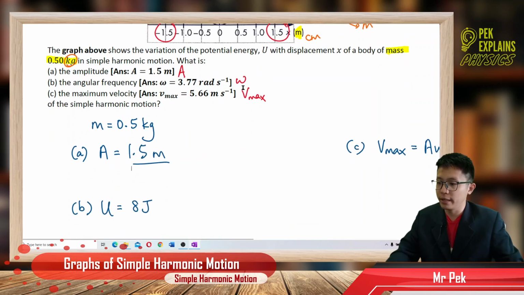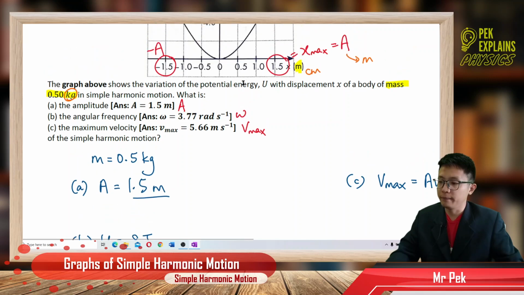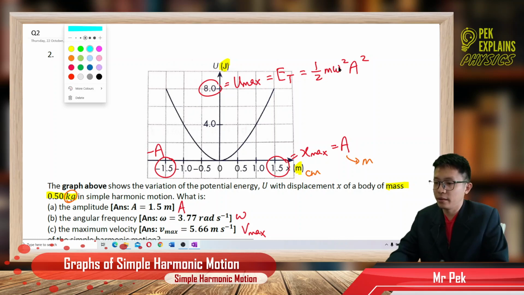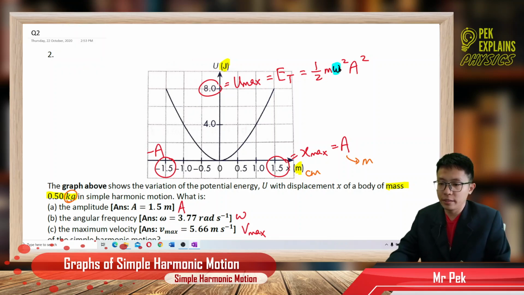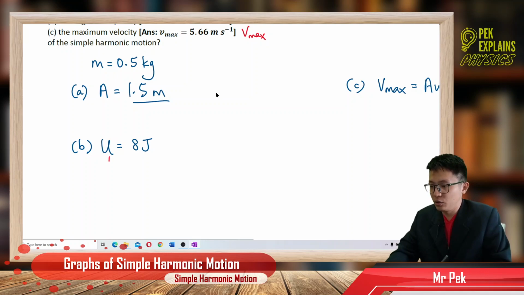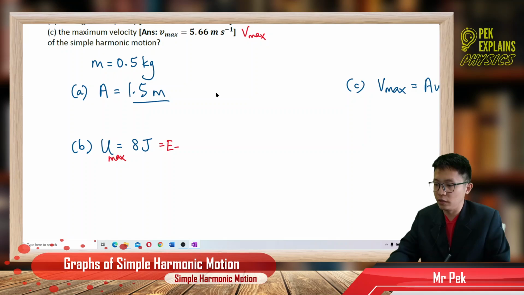Okay, what's the angular frequency, omega? So how to find omega? We have omega here, you see? Omega is hiding inside the maximum potential energy. So we need the 8 joule. This is the U maximum equal to 8 joule, which is the total energy.